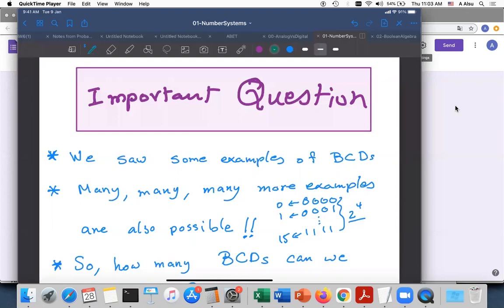However, there are many more BCD codes that are possible. So the objective of this slide is to count how many possible BCD codes there are to encode decimal digits.